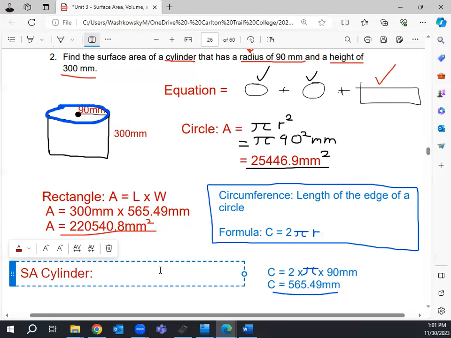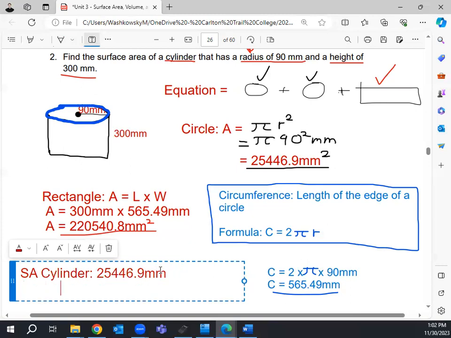Well, what's the area of my circle? 25,406.9 squared, plus another circle, plus the rectangle.